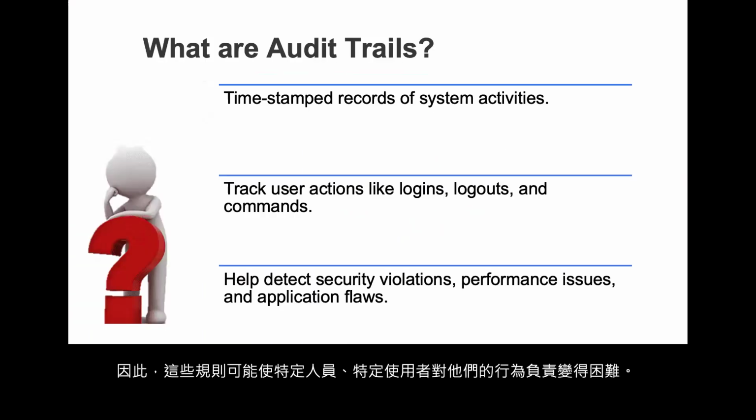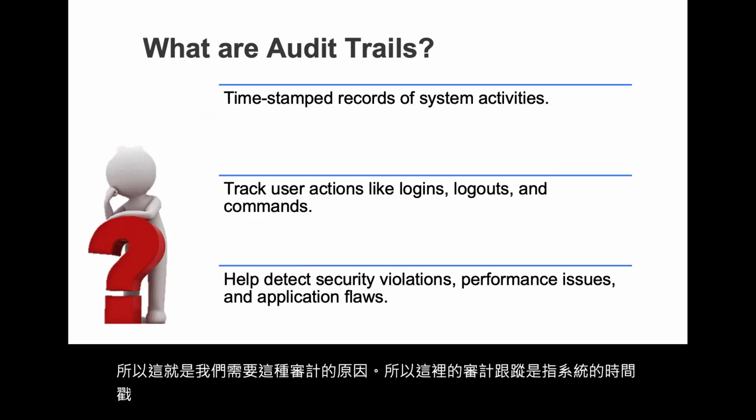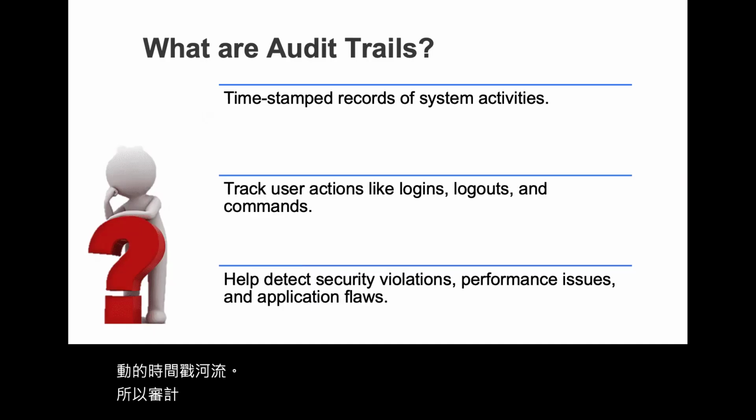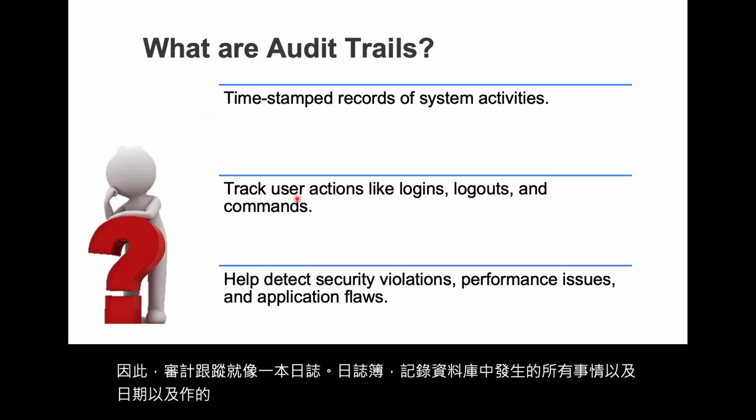So that's why we need this kind of audit trail. Audit trail here means the timestamped records of the system activities. The audit trail is like a logbook that records everything that happens in the database, along with the date and the time of the actions. And it tracks the user actions like the logins, the logoffs, and the commands.